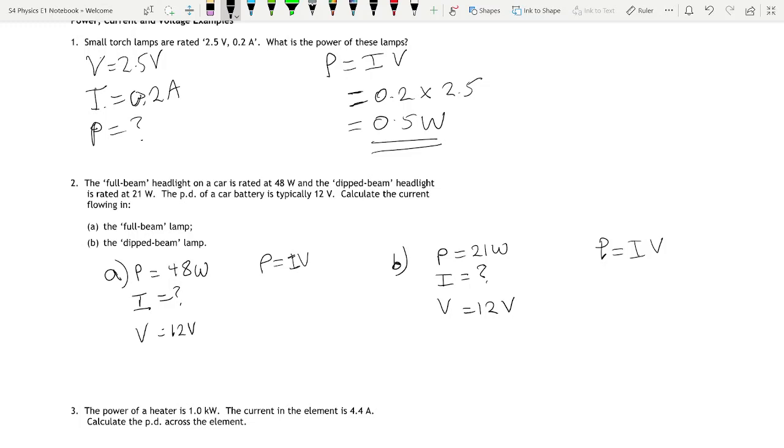So we're using P equals IV for both of these, but they've got different powers. So for the full beam one, the power is 48 watts. So that equals the current times the voltage, which is the same for both of them, which is 12 volts. So the current is going to be 48 divided by 12, which is 4 amps.